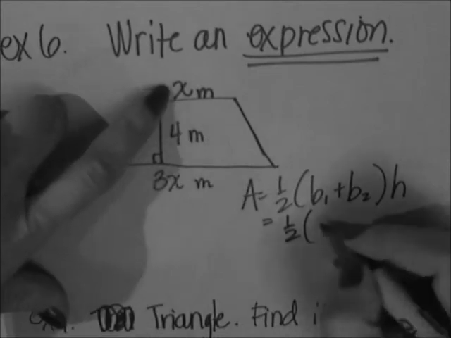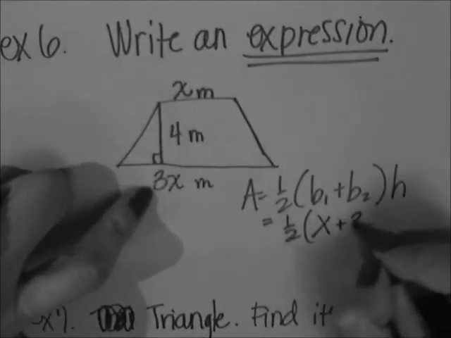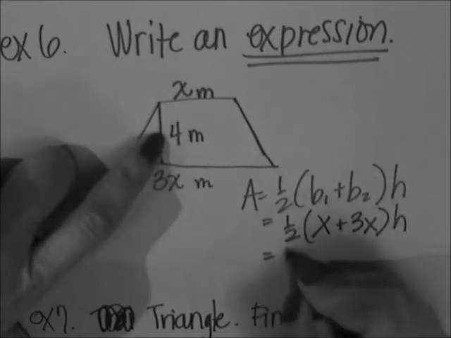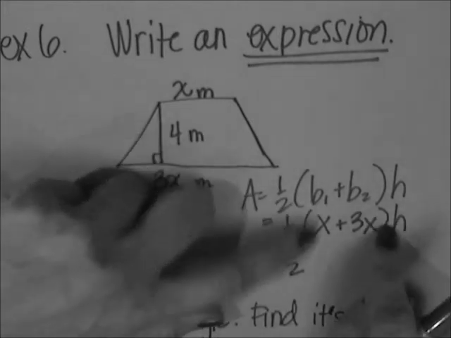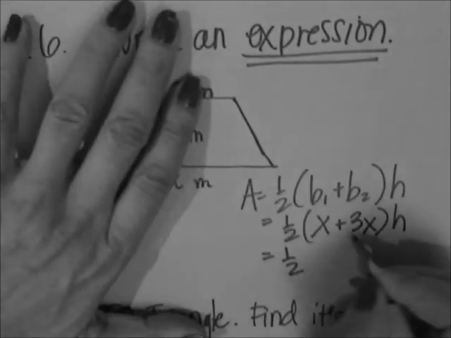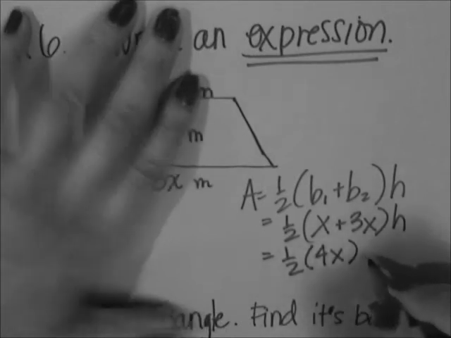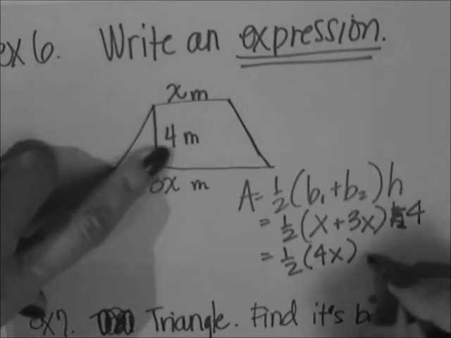Okay, so I have base 1 is x, base 2 is 3x, and height is 4. All right, let's go half. Order of operations says I have to do what's inside here first. So x plus 3x, that's going to be 4x times, wait a minute, h. I was supposed to put a 4 there. Oops. 4.